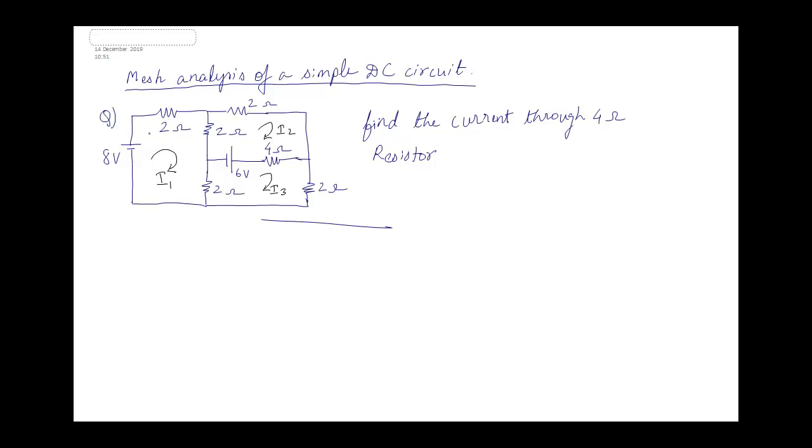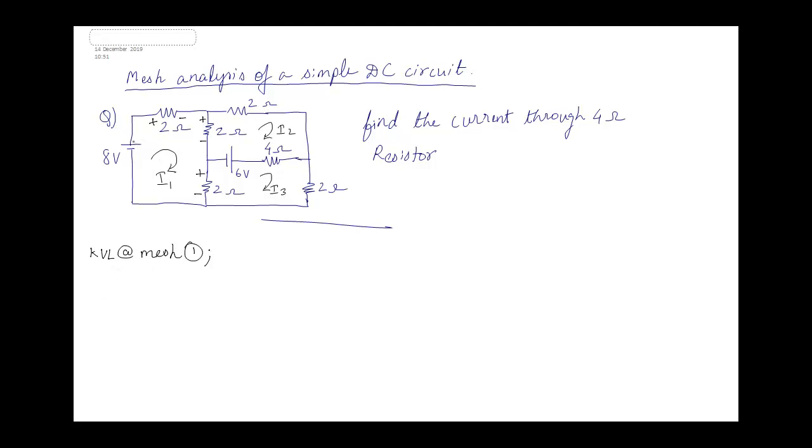We will say that the voltage here will be plus, minus, it will be plus, minus, here it will be plus, minus. So now KVL at mesh 1. KVL at mesh 1 will be, so I am starting from here.